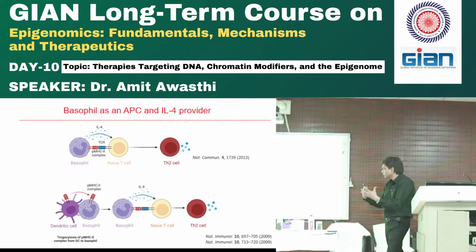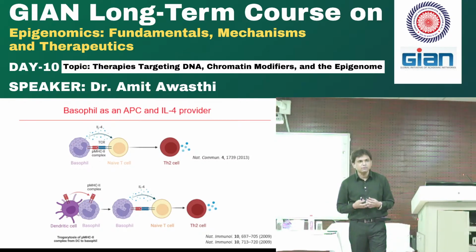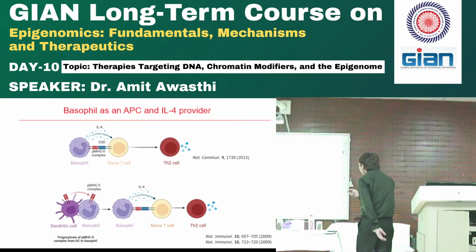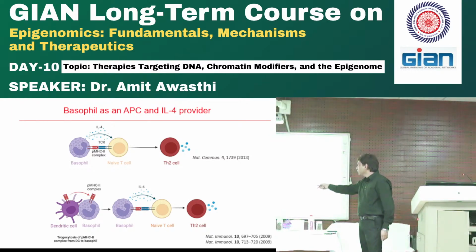What I'm trying to tell you is that basophil itself can be an antigen presenting cell in certain conditions, like you can see here, basophils expressing MHC molecule, activating it, making Th2.